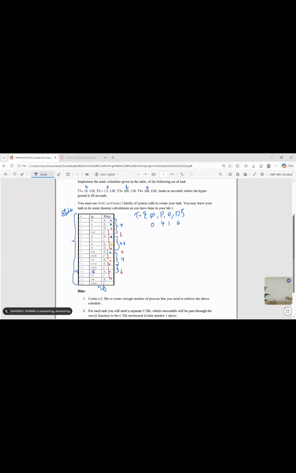Now, the second job of T1, we call it job number 1 of task number 1.